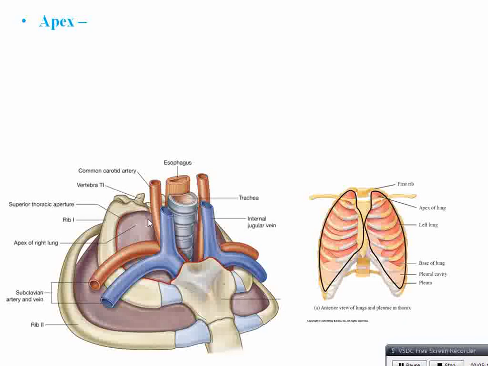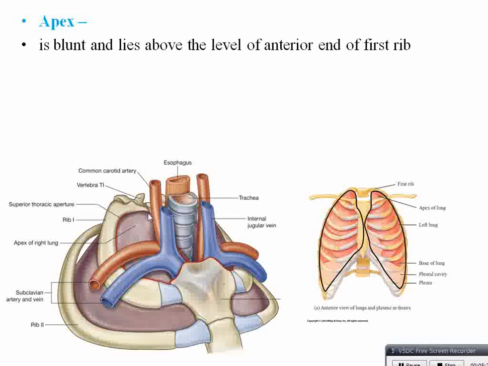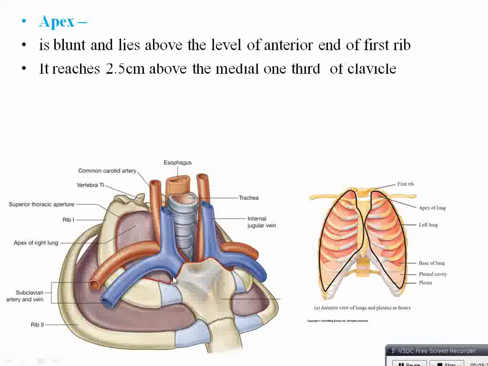Apex is placed upwards, reaching towards the neck region. It's blunt and lies above the level of the anterior end of the first rib.